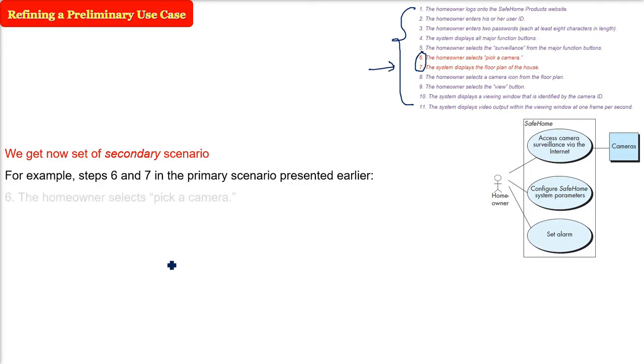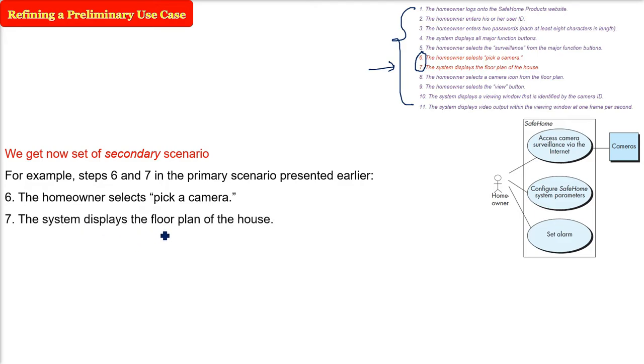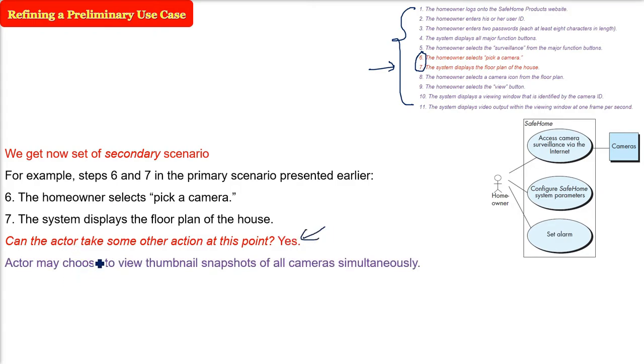So the 6th and 7th. The 6th is the homeowner selects a camera. The 7th one is the system displays the floor plan of the house. Now the question is, can the actor take some other action at this point? The answer is absolutely yes, because the actor can do so many things.